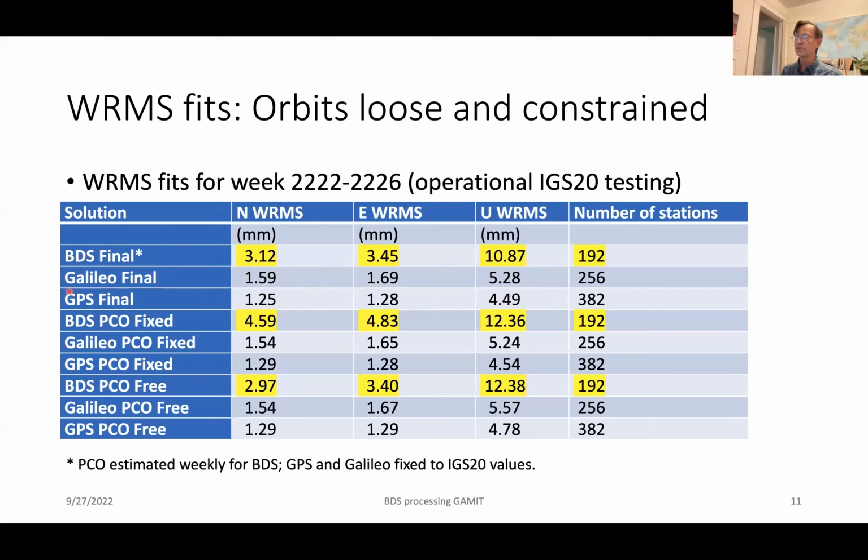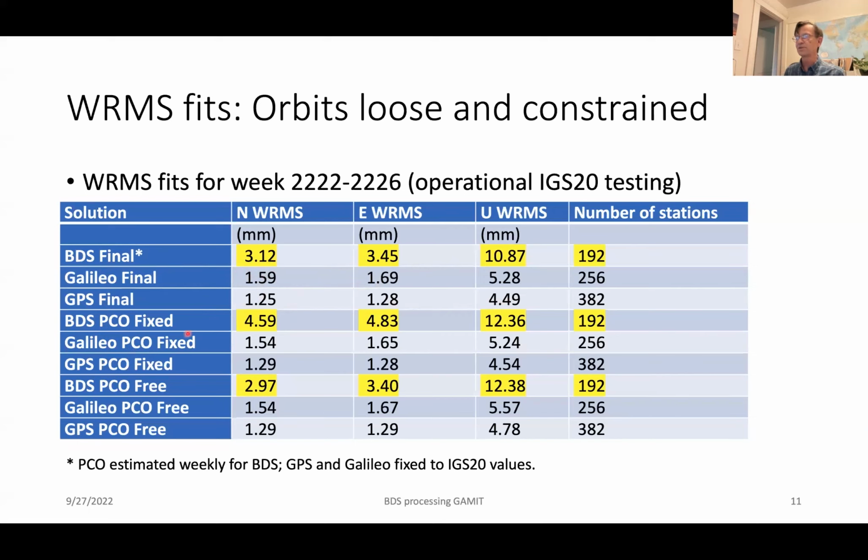Now, these solutions, which are labeled final here, those are with full stochastic orbits. The group below is individual daily solutions in which the orbits are not tightly constrained. They're loose orbits. For Galileo and GPS, we'll see the quality of the fits are very similar there.